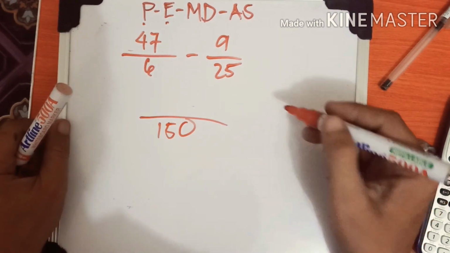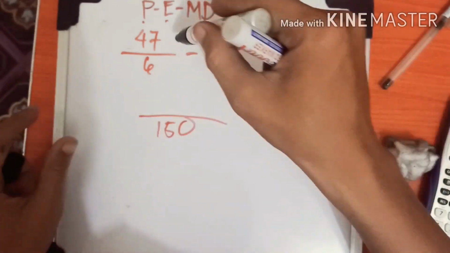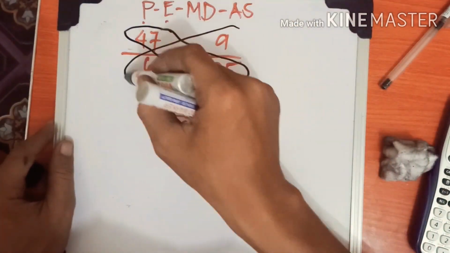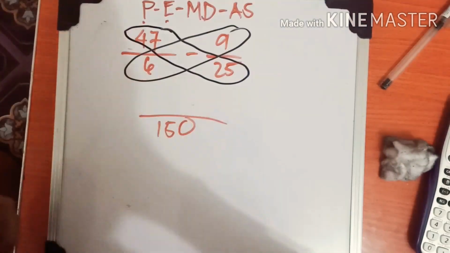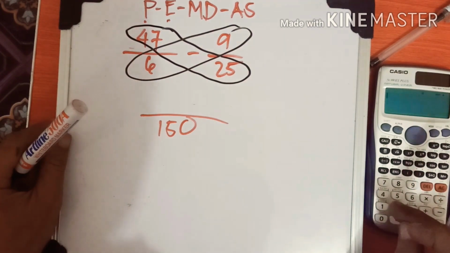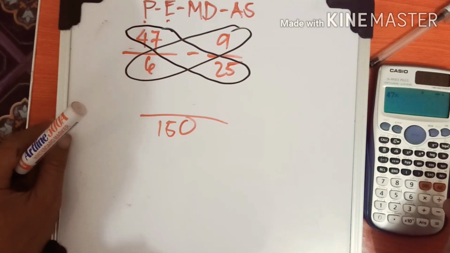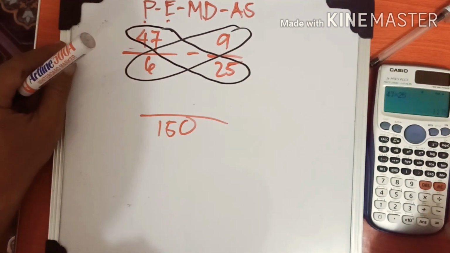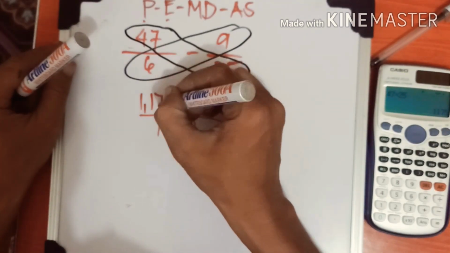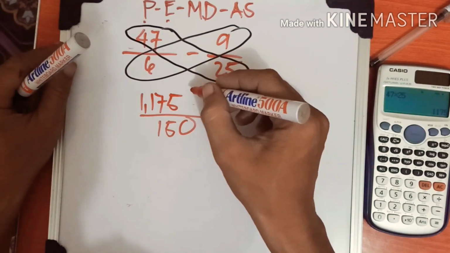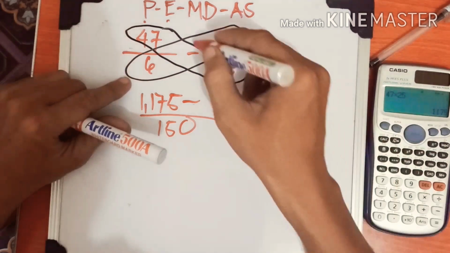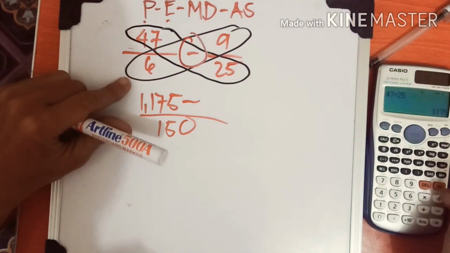Now we are doing the cross multiplication. 47 times 25 equals 1175. Copy the sign for the next process. This is the sign.